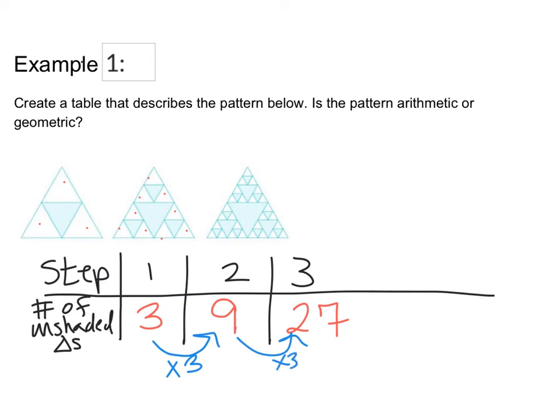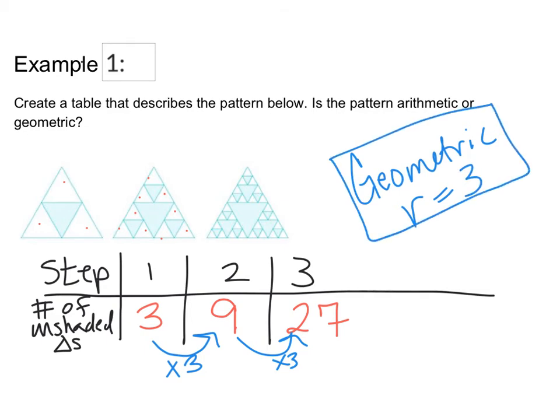So would this be arithmetic or geometric? Which one multiplies? Geometric. Exactly. So we have a common ratio. My common ratio R is times 3. So it's geometric. My common ratio is 3.